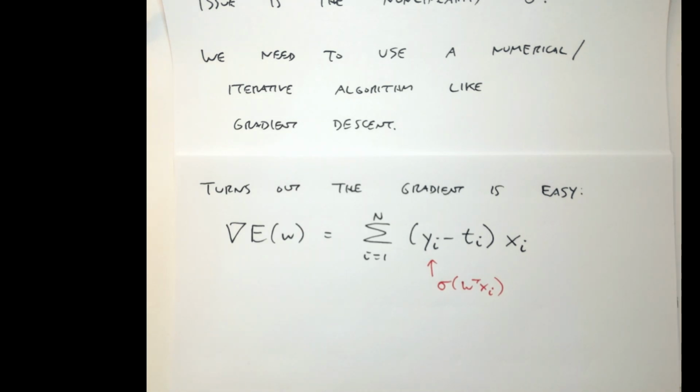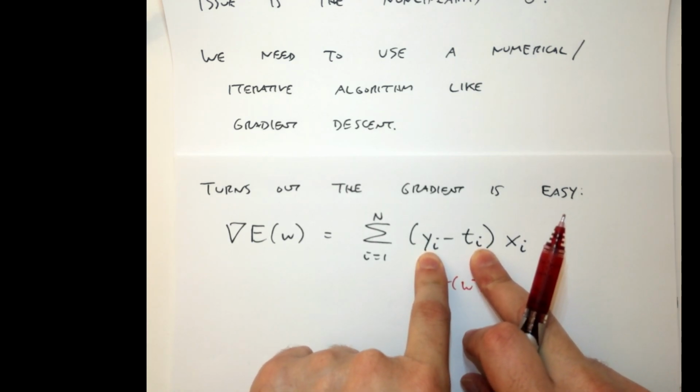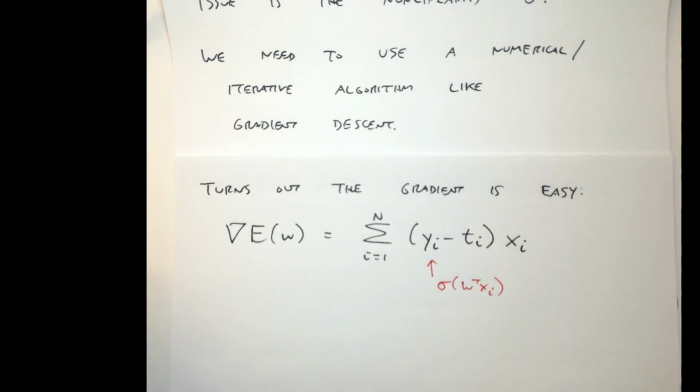I'm basically adding all the points together, and the weight on each point is how far off I am from the correct classification, right? Because I'm trying to drive these guys to be the same number. This is a binary number. This is a non-binary number. But the idea is that I want this thing to be small.